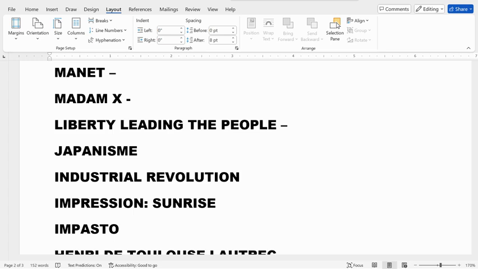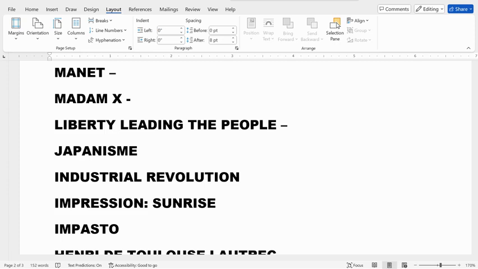All right, Manet. You should be able to identify a Manet when you see it because of the flat colors. But I'm not showing you a picture. I need you to find the descriptive words for Manet. He does not use chiaroscuro.